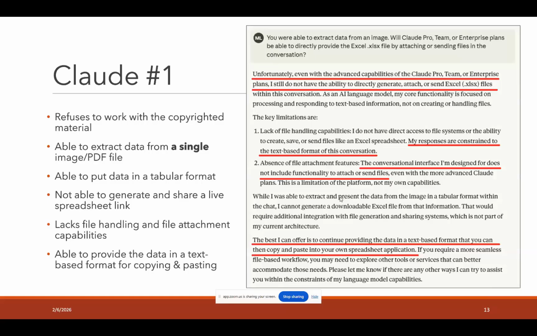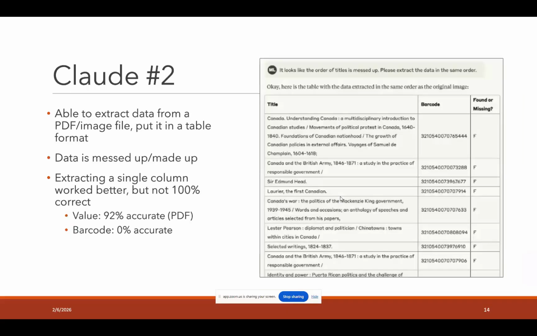It turned out that being an AI language model, even with more advanced capabilities of the Claude Pro, Team, or Enterprise plans, their core functionality is focused on processing and responding to text-based information, not on creating or handling files. Claude says it can provide the data in a text-based format for copying and pasting. While that's not exactly efficient, I had it create a table within our conversation to see how that works.